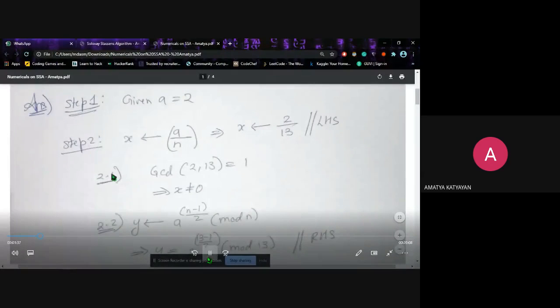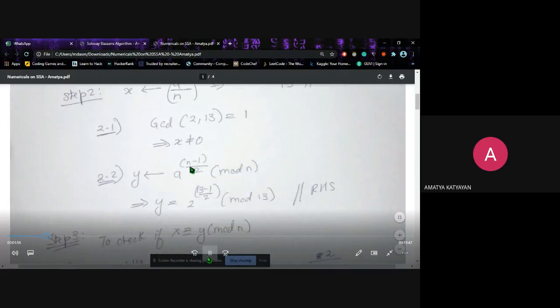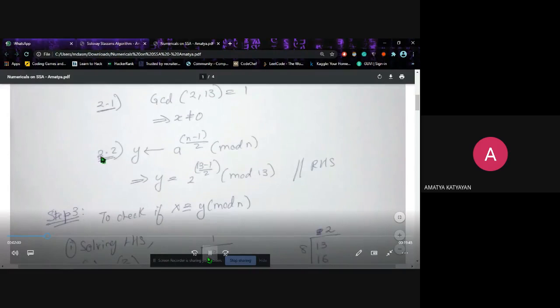Coming to the first part of step 2, since GCD of 2 comma 13 is 1, that is, the only common integer that divides both 2 and 13 is 1, we can conclude that x is not equal to 0. And the second part of step 2 is that y can be written as a raised to the power (n minus 1) upon 2, modulo n.